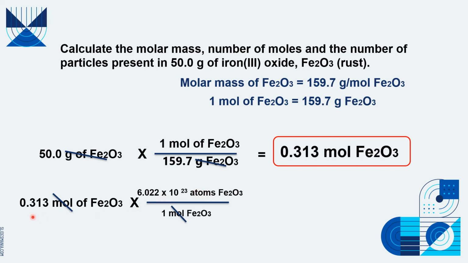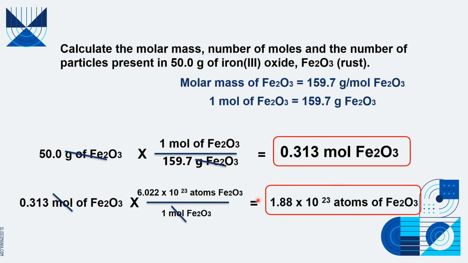So 0.313 times 6.022 times 10 raised to 23. The answer is 1.88 times 10 raised to 23 atoms or particles of iron oxide. So, we have already computed for the molar mass, the number of moles, and the number of particles present in 50.0 gram of iron oxide.